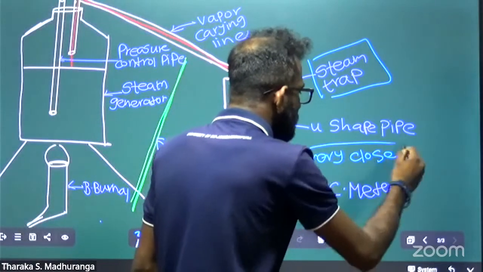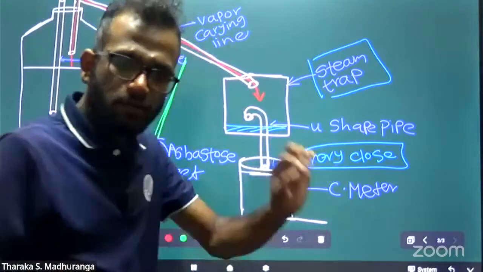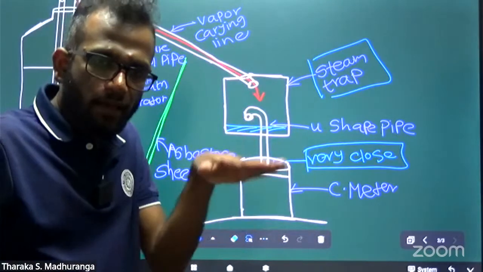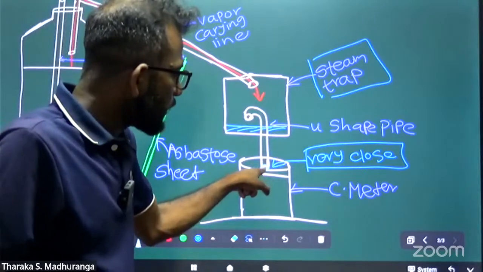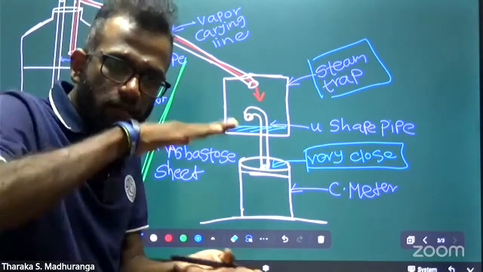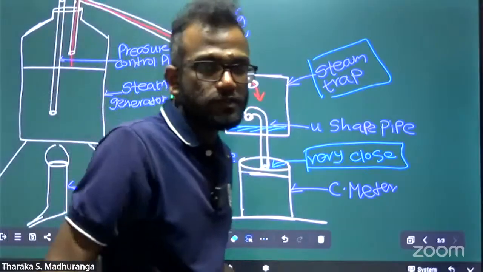This U-shaped line edge, the final end, and the water surface need to be very close.